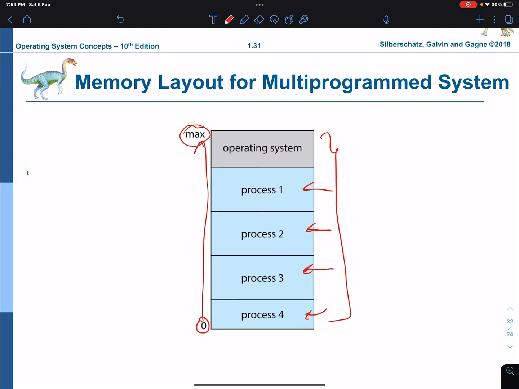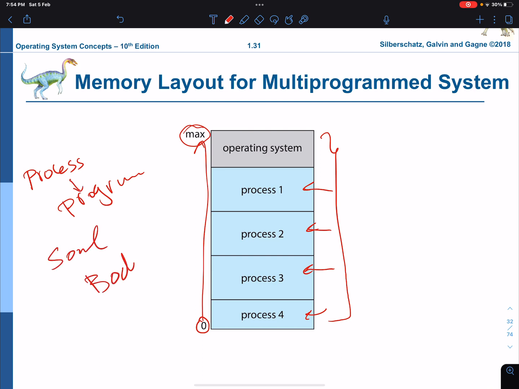A process to a program is like the soul to the body. Okay, so the body itself without a soul is nothing. What gives the liveness, the motion, the thinking, whatever, is the soul, right? Same, so the process is a living program.